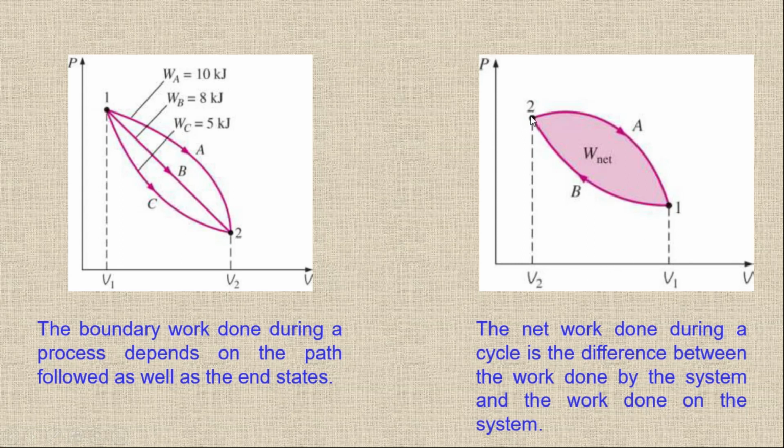We have another state, state number 2, and then we have an expansion process where volume is going to increase while pressure is going to decrease, and then we have the final state. In this case, the initial and final state are the same. We basically have a closed loop. So the net work done during a cycle is the difference between the work done by the system and the work done on the system, and it should be a positive value.